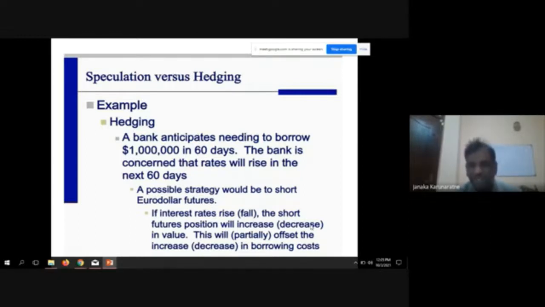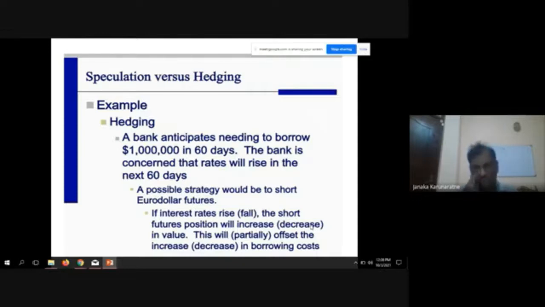Let's say today's interest rate is 6%, but in 2 months' time, interest rate goes to 7%. So what is the loss to you in the cash market? You want to borrow 1 million dollars.